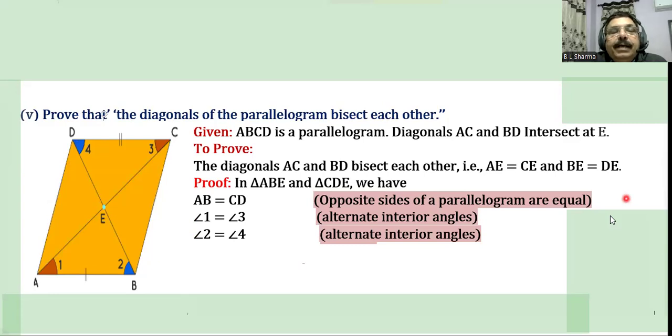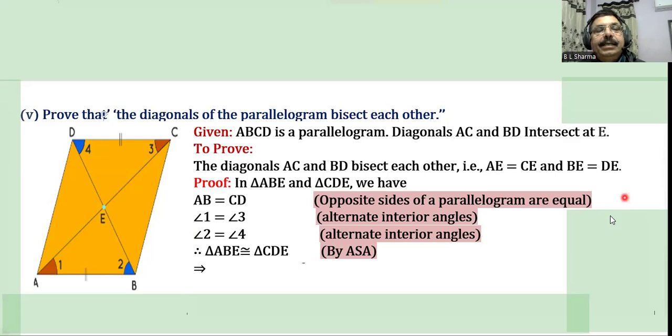So by ASA congruence rule, the two triangles are congruent. That is why we can say triangle ABE is congruent to triangle CDE by ASA congruence rule. And by CPCT, AE is equal to CE and BE is equal to DE और यही हमें प्रूव करना है.